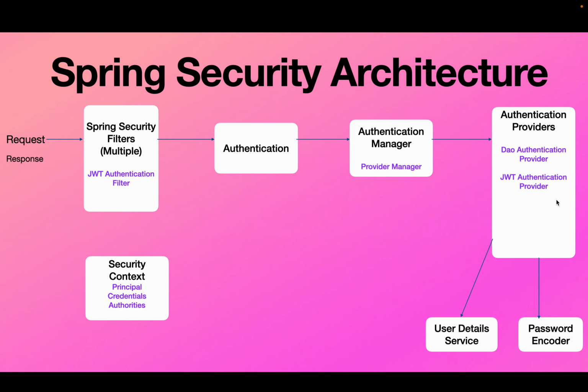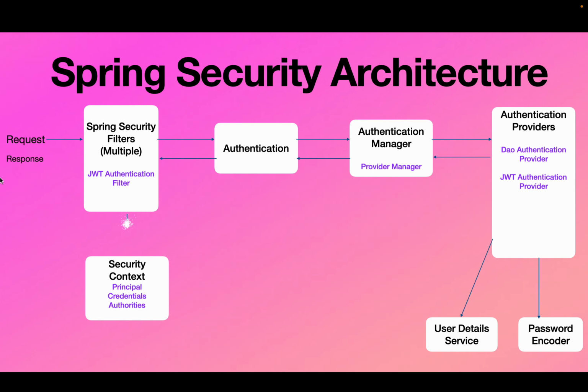After the authentication provider is done with its processing, it will hand the response over to the authentication manager, and the authentication manager will hand it over to the Spring Security filter. Before sending the response to the client or the outside world, what will the filter do?